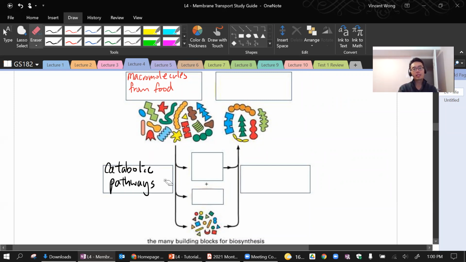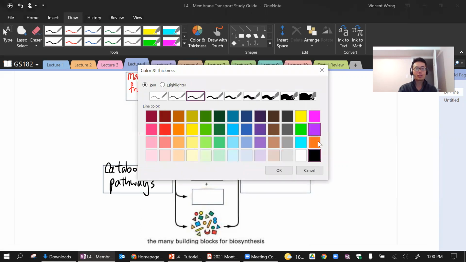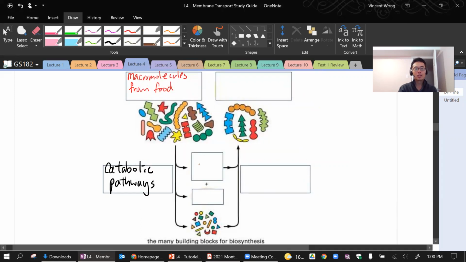When you break down the food, you will be extracting the energy from the molecules, and you will capture as much of that energy as you can to produce ATP, adenosine triphosphate. That's the usable form of energy in a cell. Now, we as organisms are terrible at converting food energy into ATP.